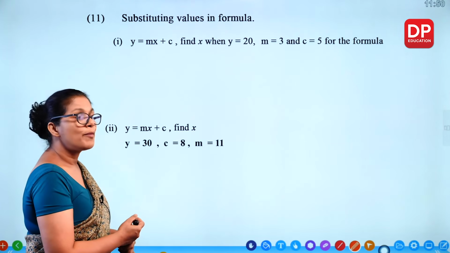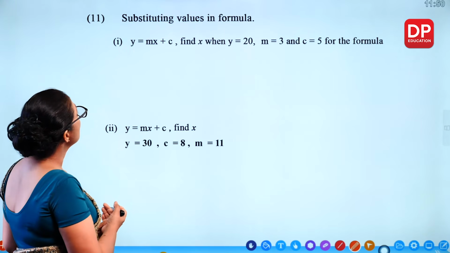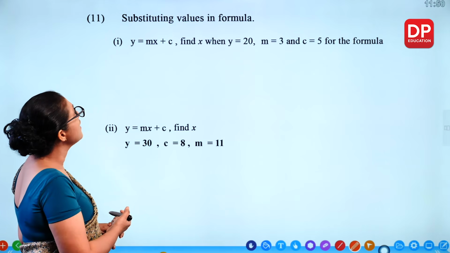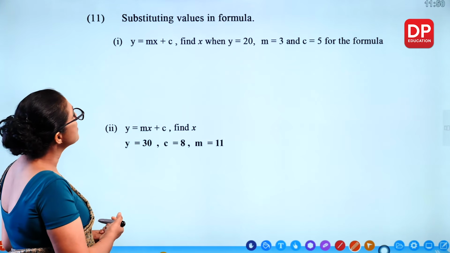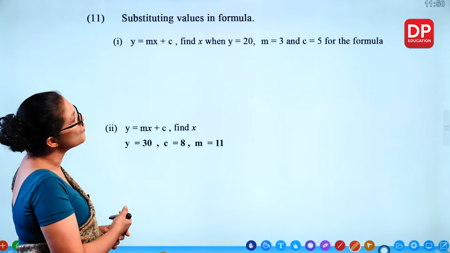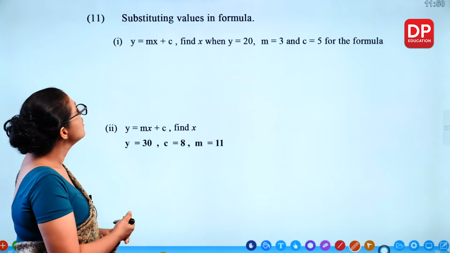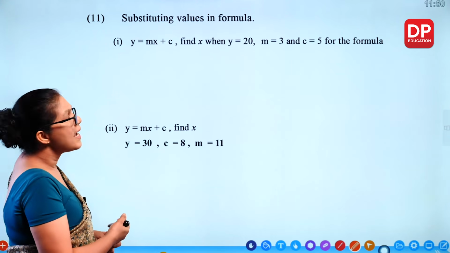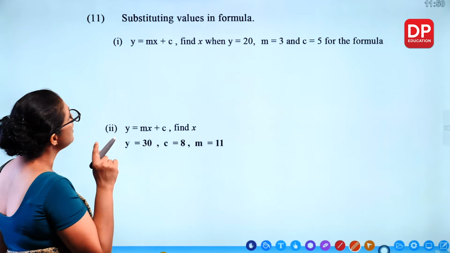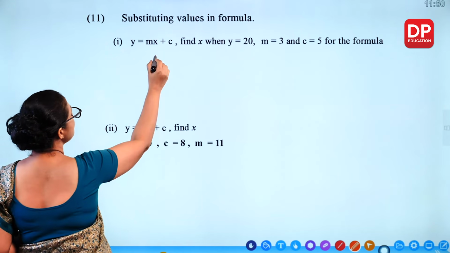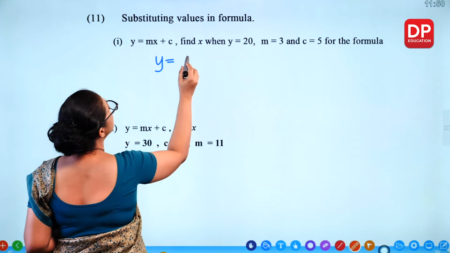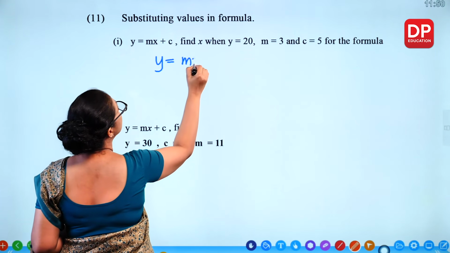Substituting values in a formula. Now you are given Y equals mx plus c. That's the straight line equation. Find X when Y equals 20, M equals 3 and C equals 5 for the formula. So it's better to make X the subject and then substitute, because you need to find X. First we'll do Y equals mx plus c.